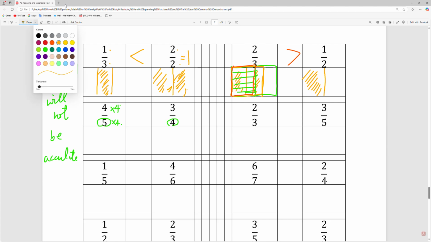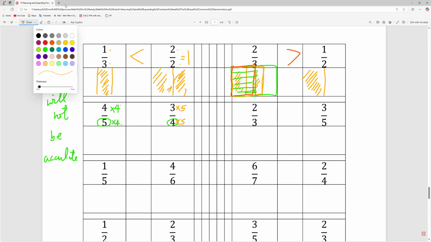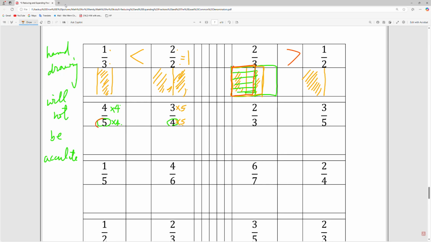And here you want to multiply 5, so you multiply 5 to the numerator and the denominator. By doing that, both denominators have the same factor, 4 times 5, 5 times 4. So this will be 16 over 20, and this will be 15 over 20.